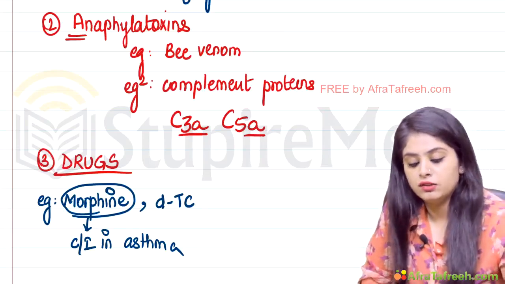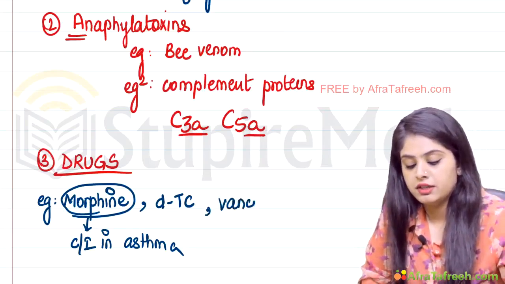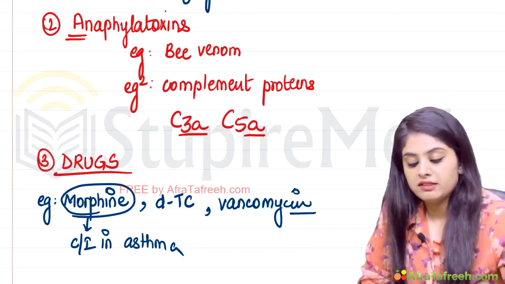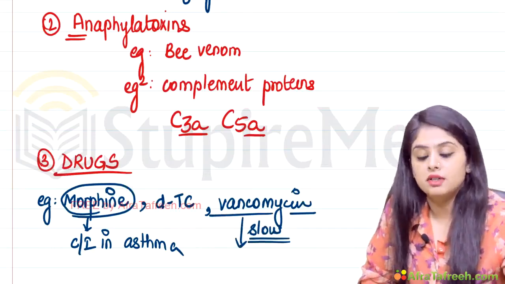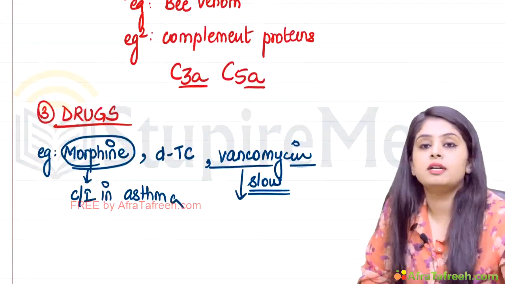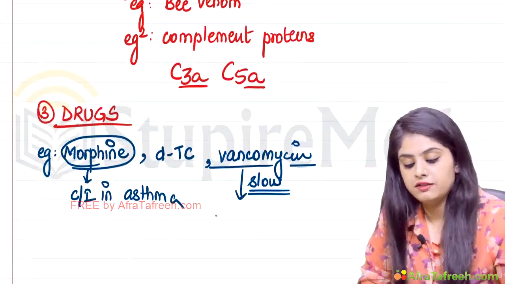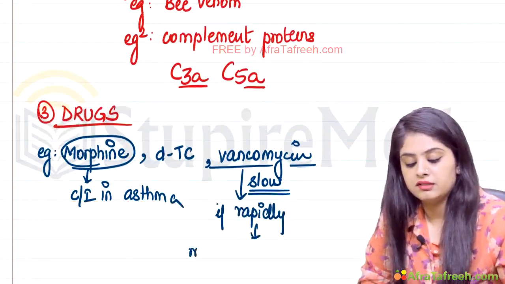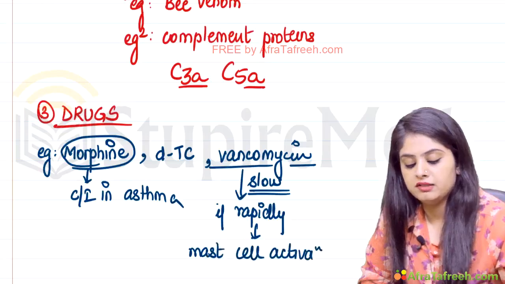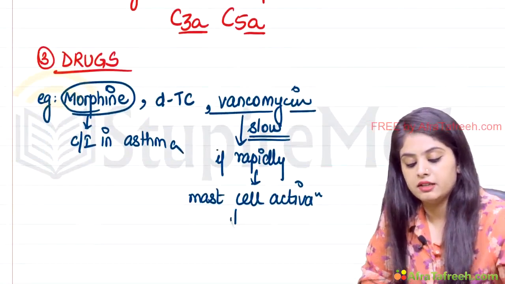Other than this, you also have a drug that is vancomycin. Now vancomycin, you will read, should always be given as a slow injection. Why not rapid? Because if given rapidly, it will result in mast cell activation, which in turn results in the release of histamine.